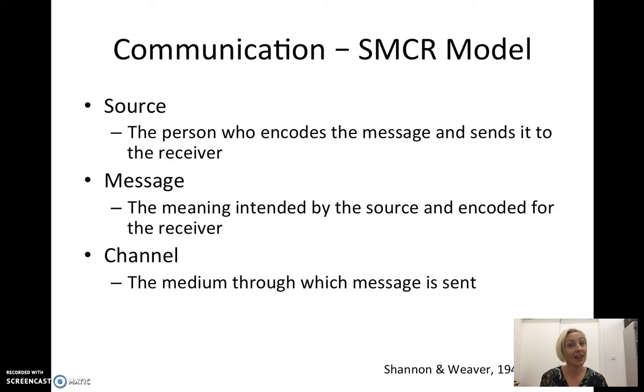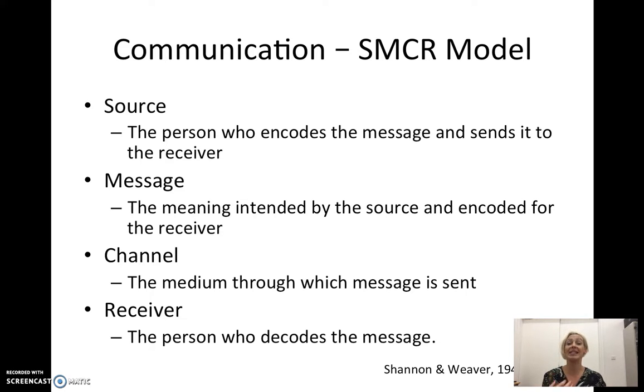And finally, the R in the SMCR model is the receiver. And the receiver is the person who receives the message, who gets the message, and then decodes it. In other words, the person receives the symbol and translates it into the meaning.